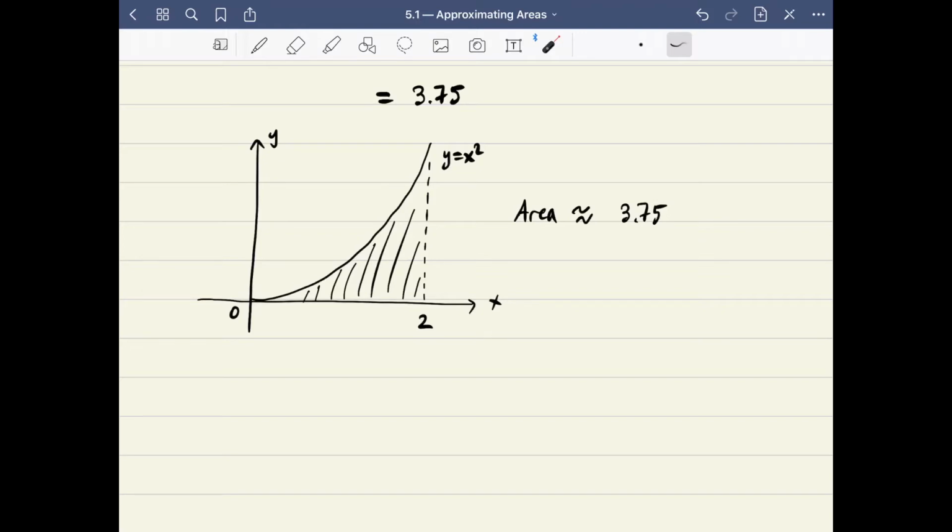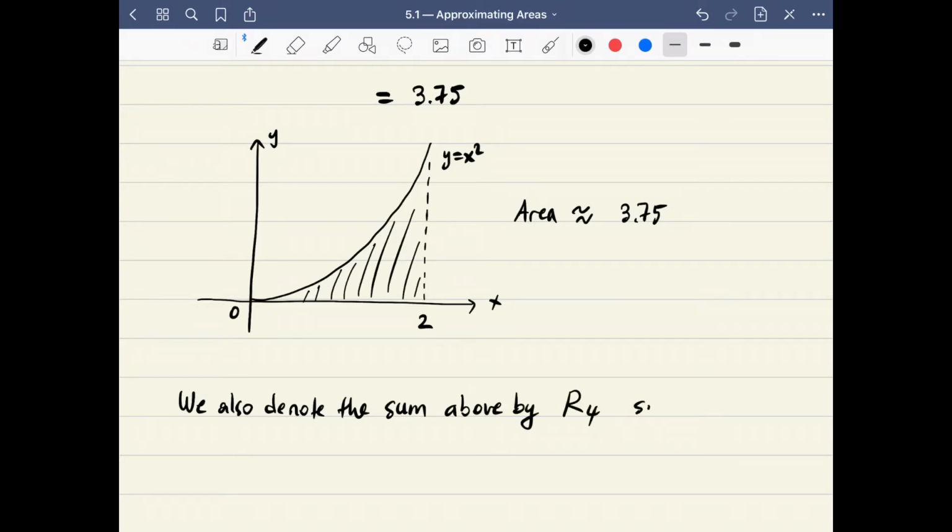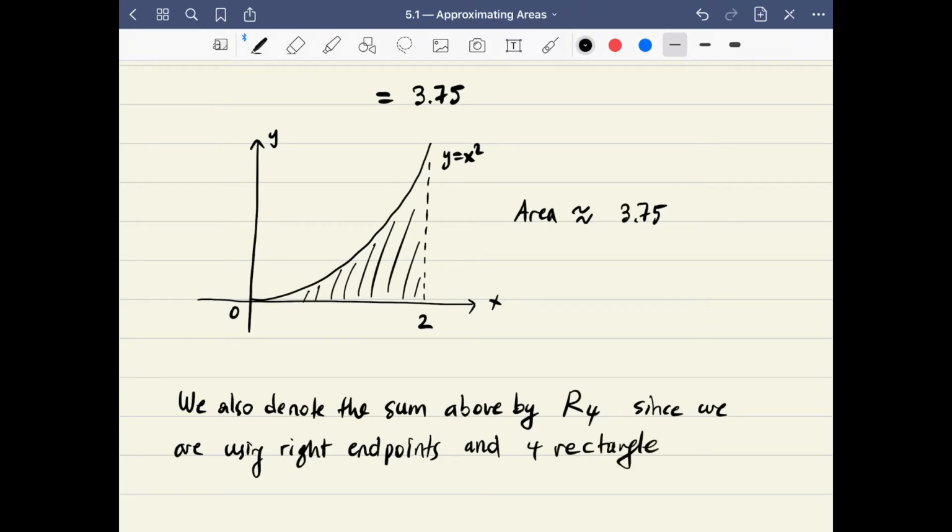Okay, so let me just say that we also denote the sum above by R sub 4 since we are using right endpoints and 4 rectangles. So basically, I think you got what I'm doing here.